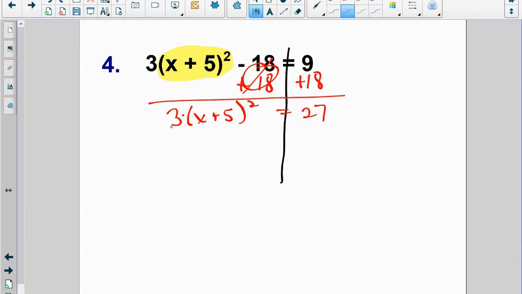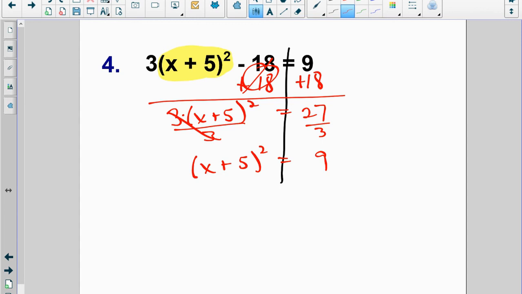So how do I get rid of that 3? Well, remember, a number directly in front of parentheses has an implied multiplication there. So if I want to undo multiplication, I divide. So 3 divided by 3 is 1. Leaves me with x plus 5 squared equals 27 divided by 3, or 9.